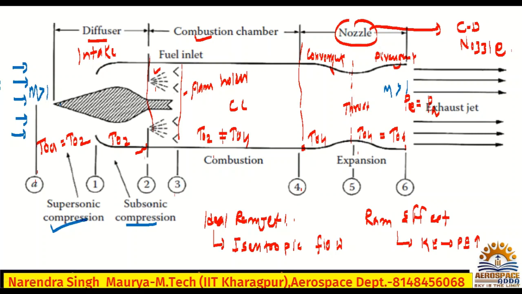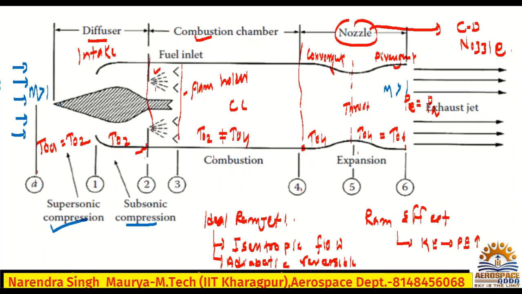Isentropic flow means obviously there is no shock. Isentropic flow means adiabatic reversible, that is another name. If reversible flow is there, it means there is no loss. So we can say total pressure must be constant.